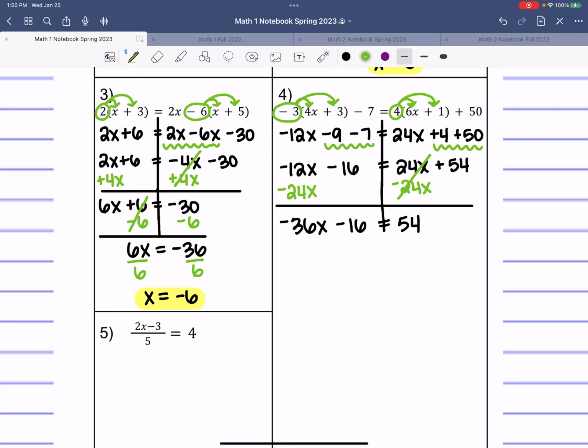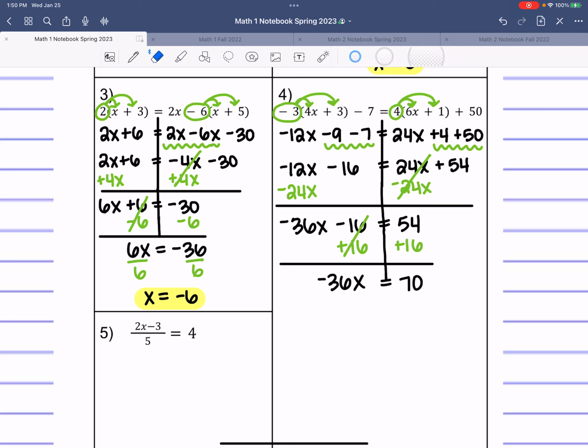Now we need to add or subtract, so get those plain numbers. That negative 16 needs to become positive 16 on both sides. So negative 36x, we can cross out those 16s, and that equals 70.